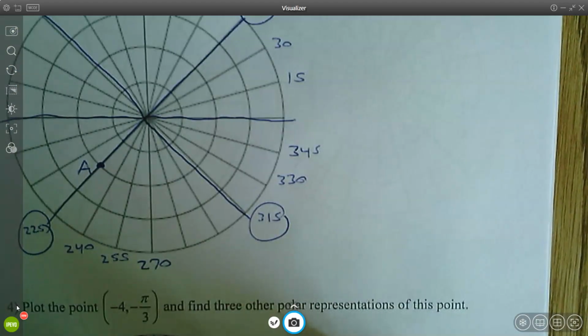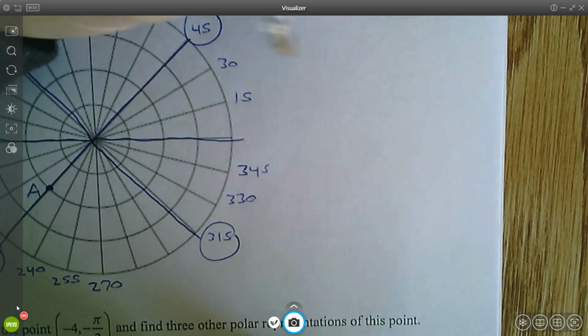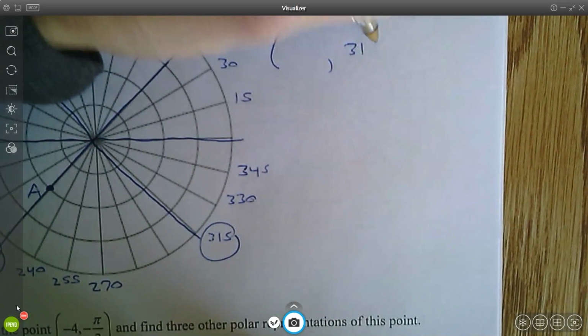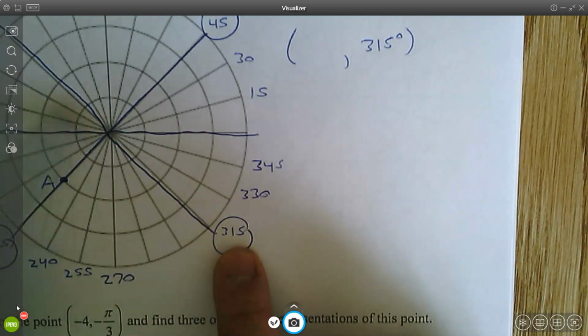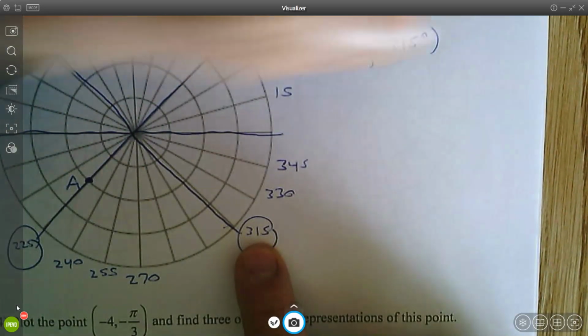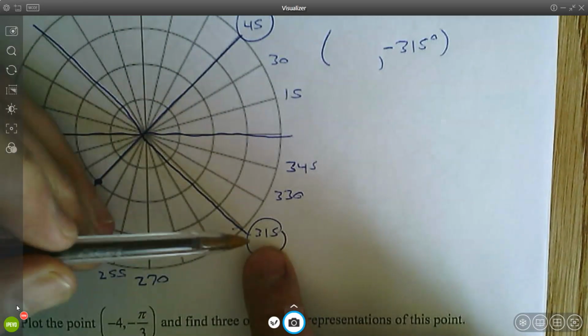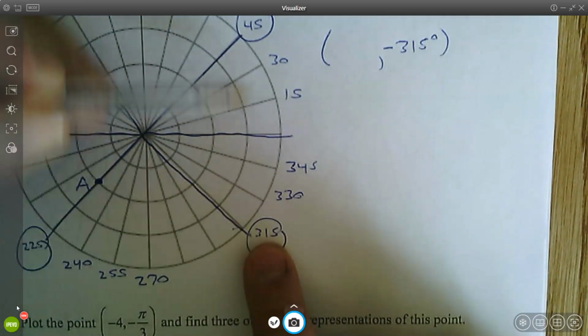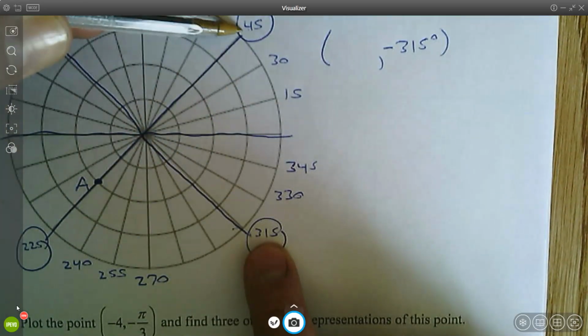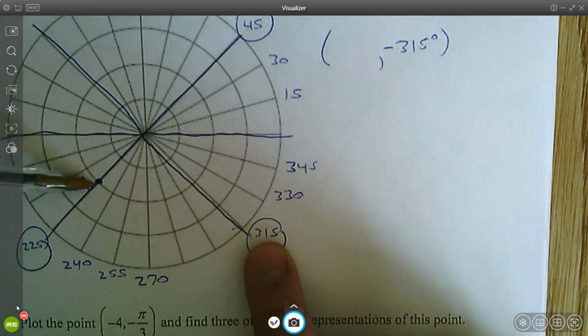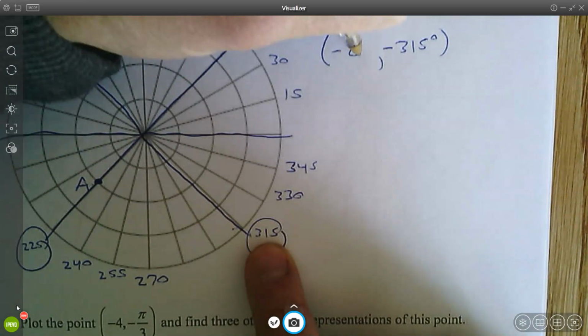That's going to be one of the angles that we have to use. 315 degrees. But the point is not on this line, so you have to negate the angle. So this is negative. When we do negative 315, it's going to bump us up here to 45. We're reflecting over this polar axis, and we're moving away from the 45. So the radius is negative 2.